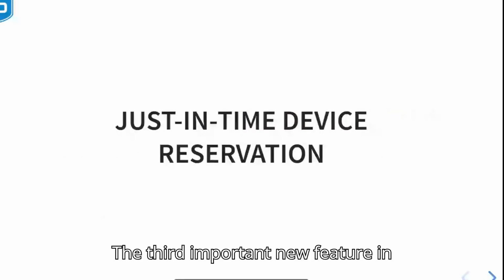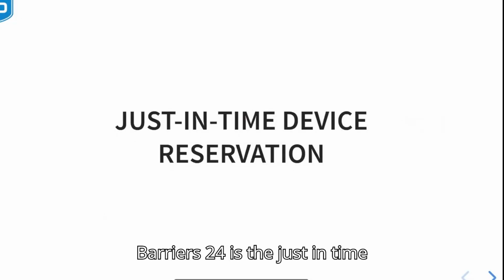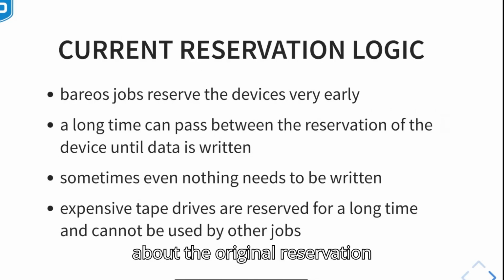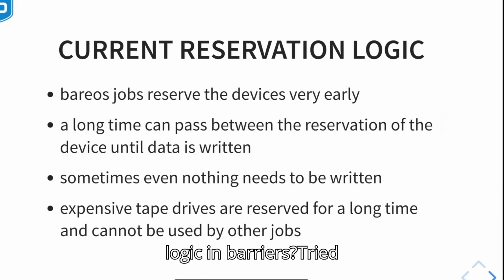The third important new feature in Bareos 24 is the just-in-time reservation. So what is this about? The original reservation logic in Bareos tried to reserve the required devices very early.